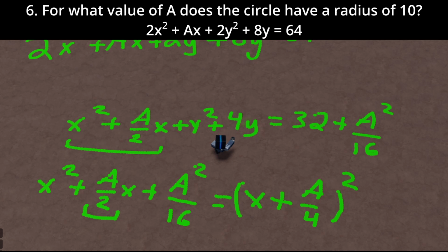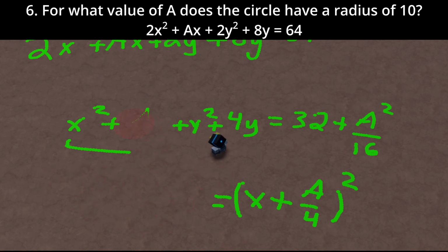The way you can get that easily is you take the middle term, a over 2x, take the coefficient and divide it by 2. So a over 2 divided by 2 is just a over 4. Remember, we already got that. So we're done factoring all the x terms. I'm just going to rewrite that here. So we have x plus a over 4 squared.